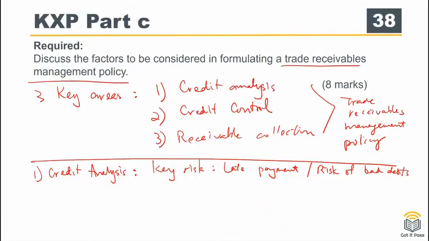The purpose of the credit analysis is to reduce this risk. Reduce the risk by doing what type of credit analysis? Usually credit analysis needs to assess customers' credit worthiness.